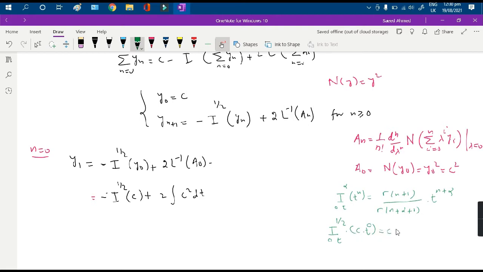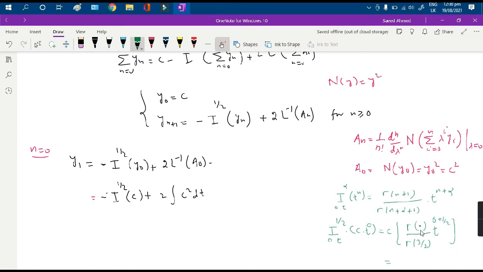c can be shifted outside, and for the remaining we use this formula when n is equal to 0 and alpha is equal to half. So this becomes gamma of n plus 1, n is 0, so gamma of 1, over gamma of n plus alpha plus 1, n is 0, alpha is half, so half plus 1 is 3/2, gamma 3/2, into t to the power n plus alpha, n is 0 and alpha is half.